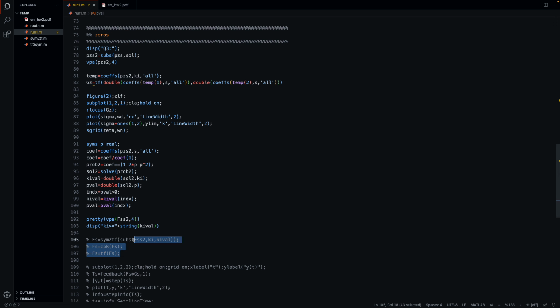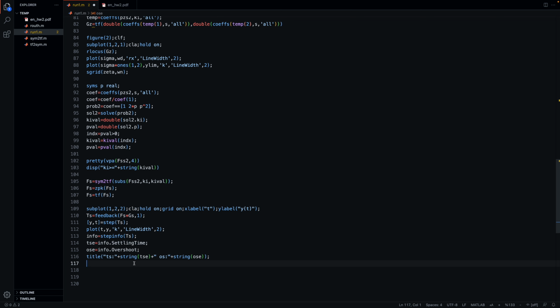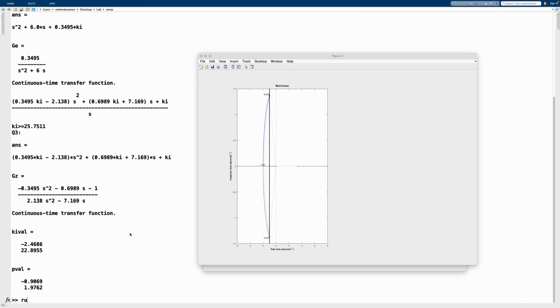And then we can just convert it back into a controller, and then maybe here, maybe we want to display the dominance factor of the 0 as it is p-val, actually divided by sigma, but I know that sigma is negative, so I'm going to provide another negative sign here.